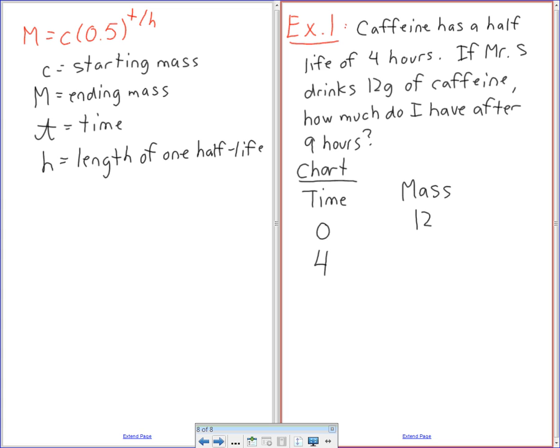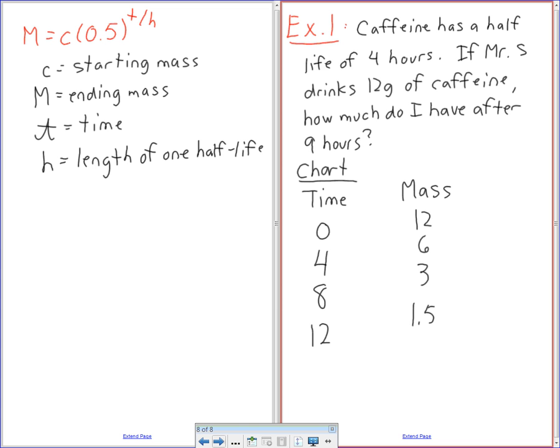How much mass is going to be left after 4 hours? 6, right? We're just going to divide it by 2, because the half-life here is 4 hours. After 8 hours, how much mass is going to be left? Great. After 12 hours, how much mass is going to be left? 1.5, because we're just dividing by 2. It's never going to be 0.